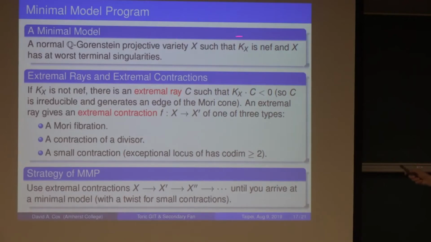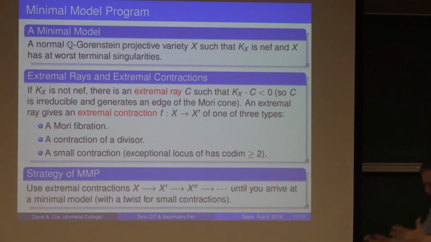We know what Kx is. We know what Neff means. And what we don't know are terminal singularities. And that's because we haven't done chapter 11. If you do chapter 11, they talk about terminal singularities. And so these are the kind of singularities that people have figured out, if you're going to have a minimal model of a variety in high dimension.